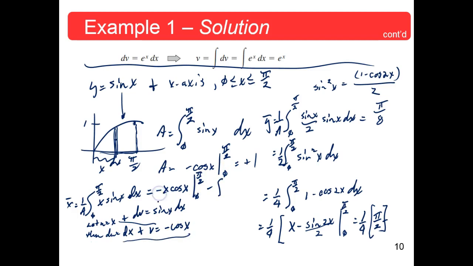Okay, so it's going to be minus, and you had a minus here, so that makes it a plus, the integral from 0 to pi halves of cosine x dx, right? All right.